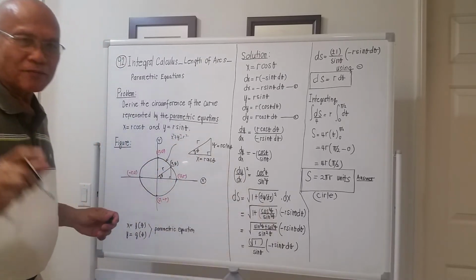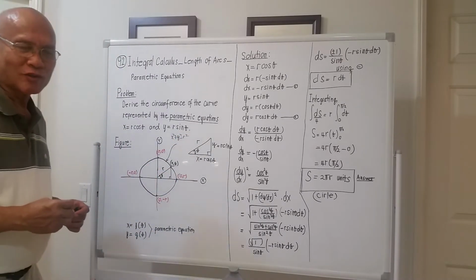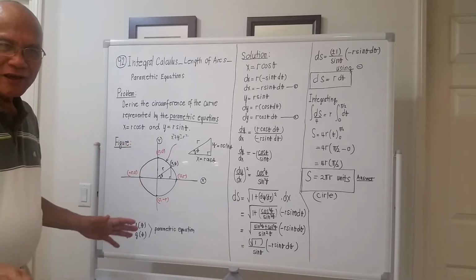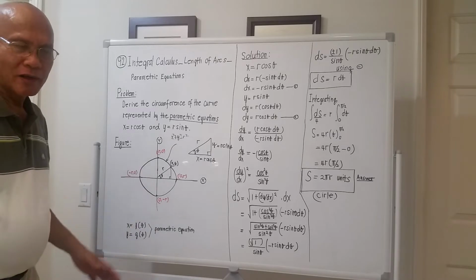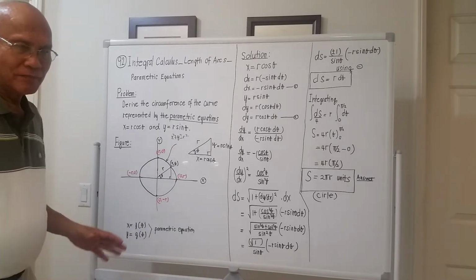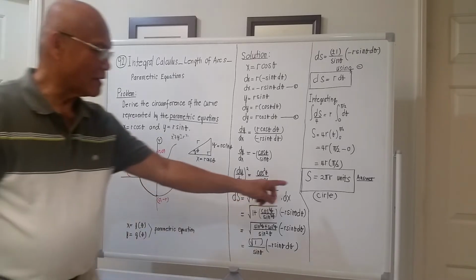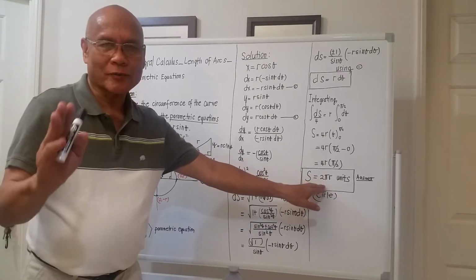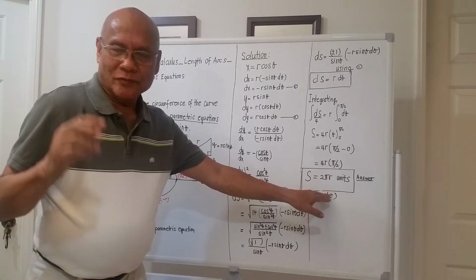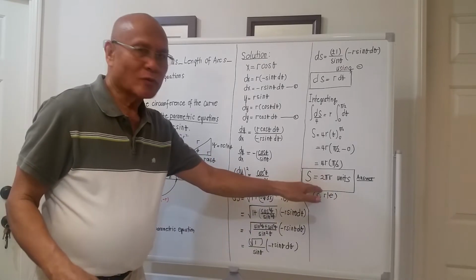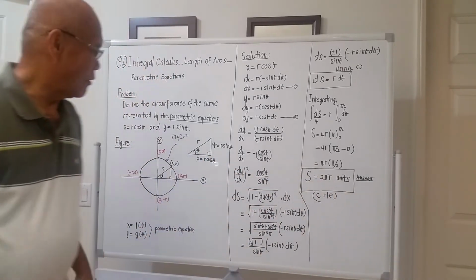So it seems the problem is asking for the circumference of a circle. We will derive the general formula on how to take the circumference of a circle. Under Cartesian already, we know that the circumference for a circle is 2 pi r or pi d, pi times the diameter. Tonight, I will bring out this formula using parametric equations. Okay, let's proceed.